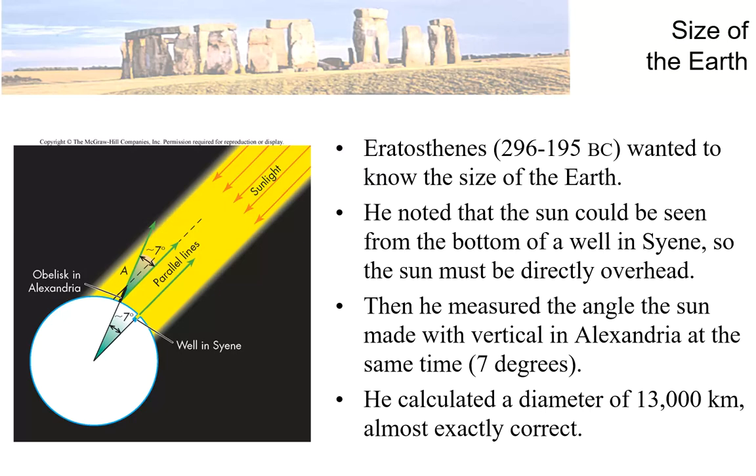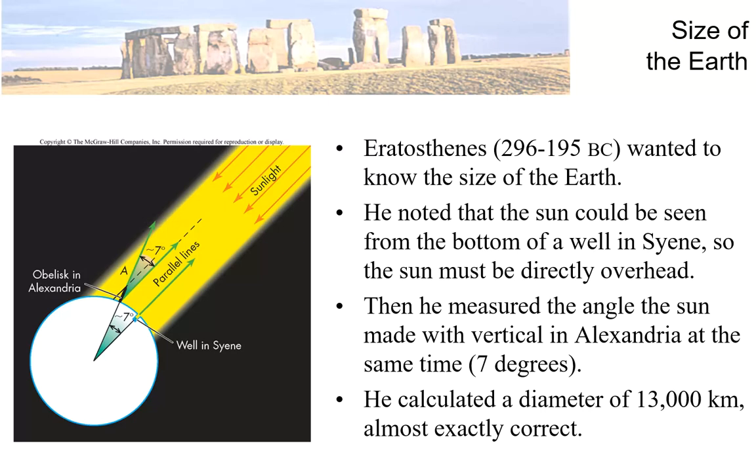And so on the same day, he had the angle of a shadow measured in Alexandria, and that was 7 degrees. So using geometry, he says, okay, the distance from Syene to Alexandria is, and I don't remember how many, he measured the distance in stadia, and that's 7/360ths of a circle.